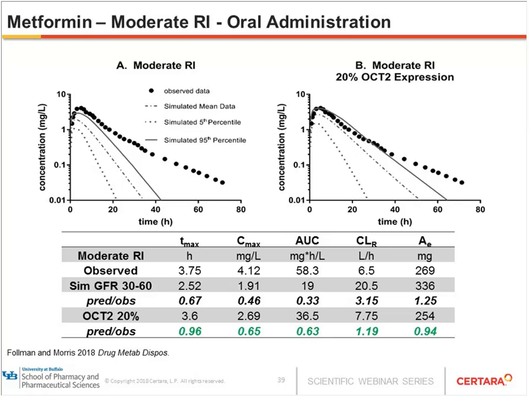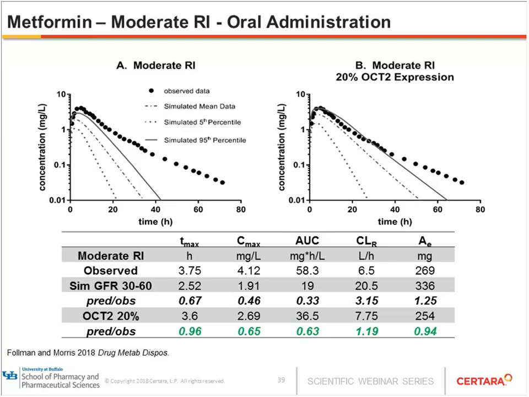We have the value of the observed parameter. The base SIM-GFR 30 to 60 is the base simulation in Simcyp, and OCT2 20% is the modified simulation. And finally, we have in bold and italicized the predicted over observed ratios, which is what we can look at for the easiest way to compare these simulations.